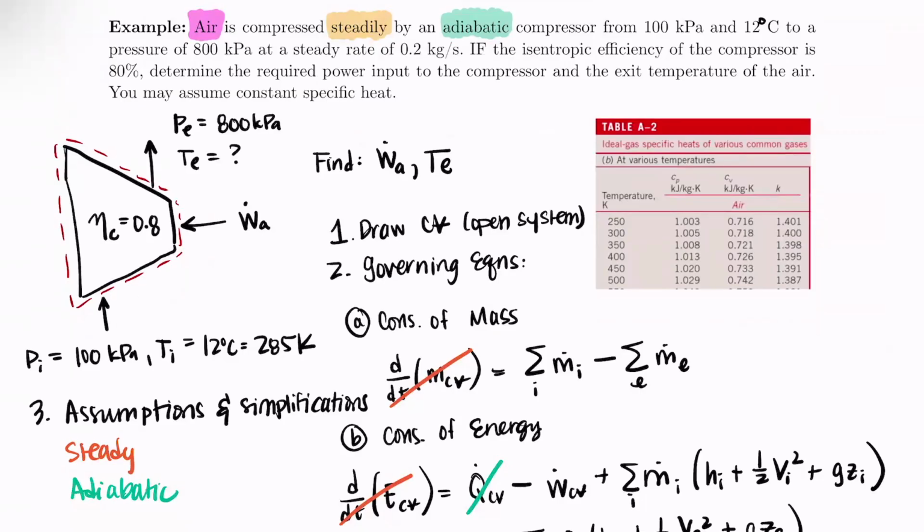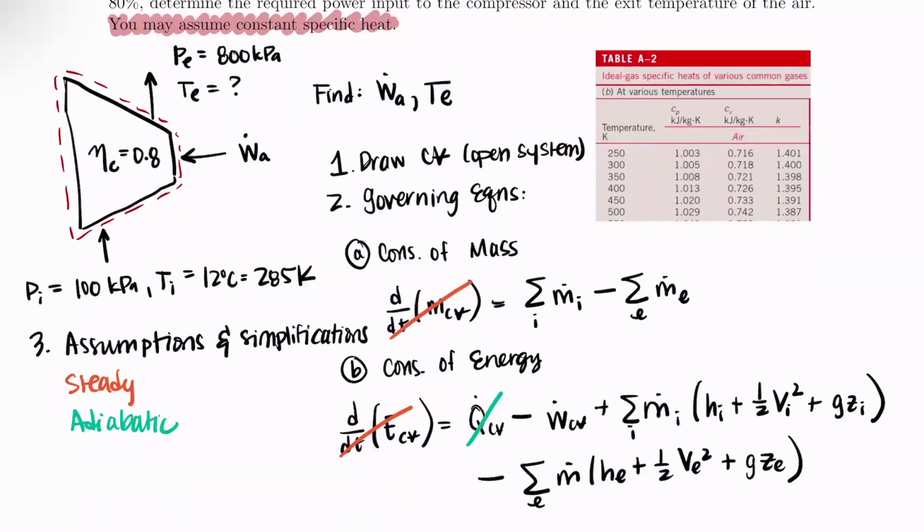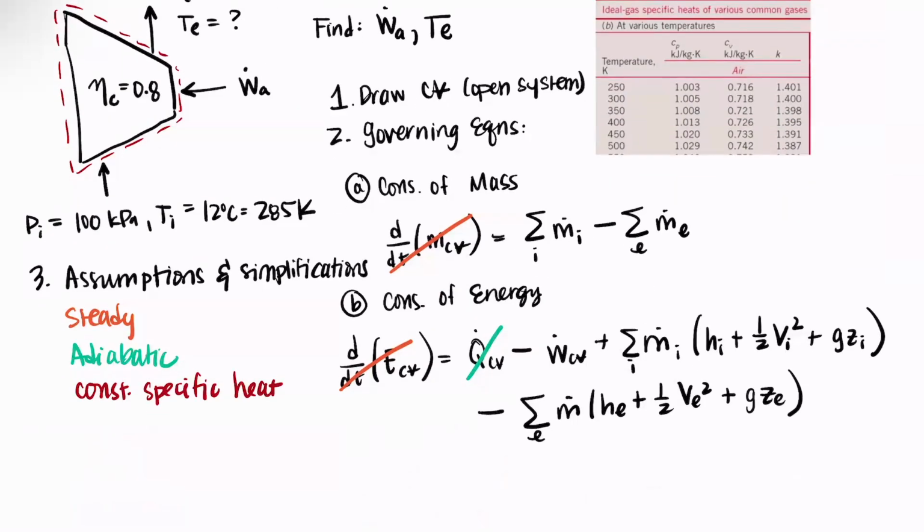I forgot to do this, but I'm going to highlight it now. We're told that we can assume constant specific heat, so I'm going to write that down. I am also going to assume that I can neglect kinetic energy, so that means I can get rid of my V squared terms.